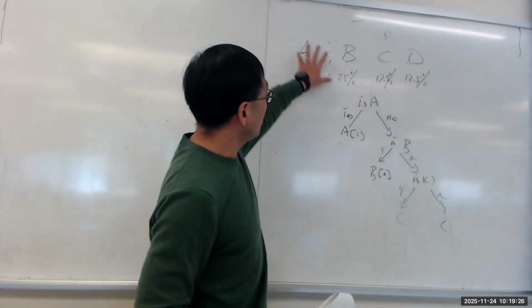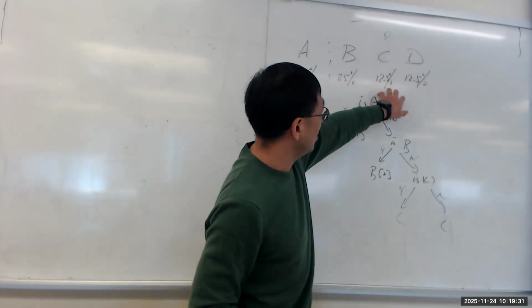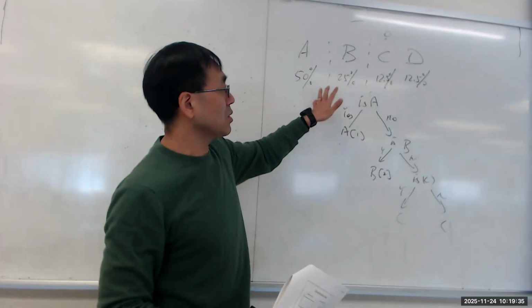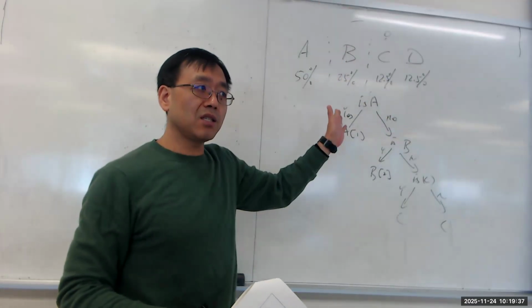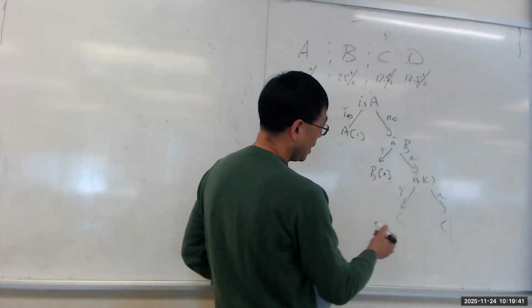If it's not A, then in the probability space, B has a higher probability, so the next question you should ask is: is it B or not? If it's B, it's going to be 2 guesses.